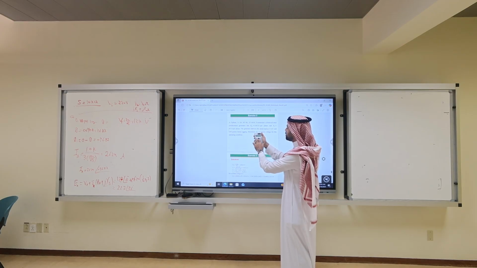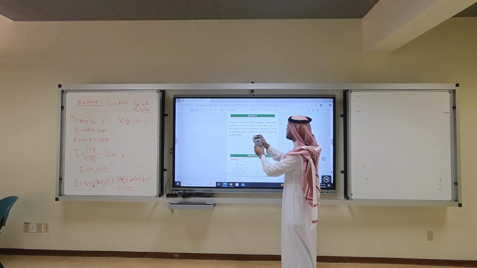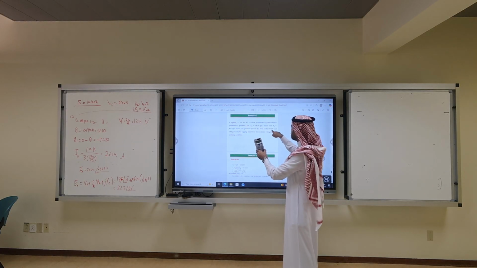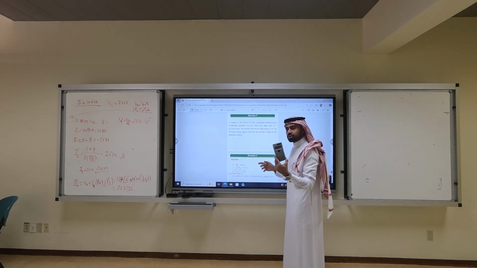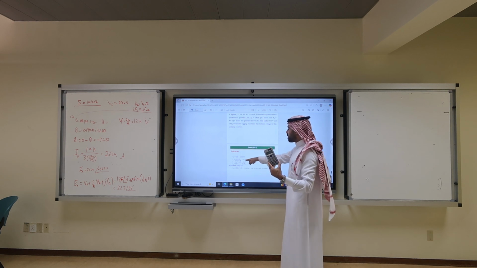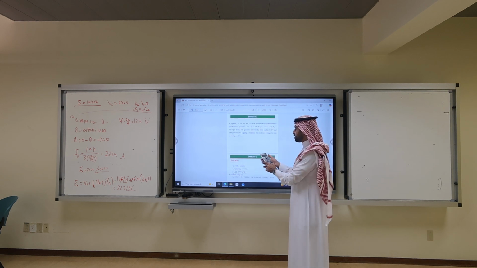It is 25 MVA, 25 mega, divided by 3 times 11 kilo over square root of 3. So IA magnitude is 1312. What is the angle?